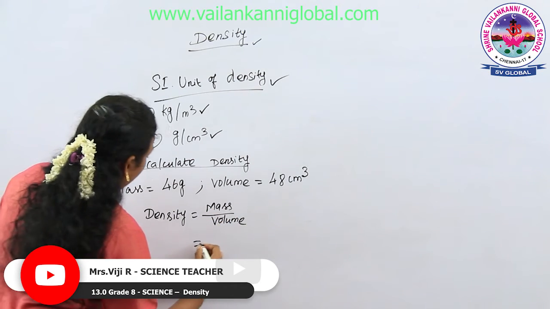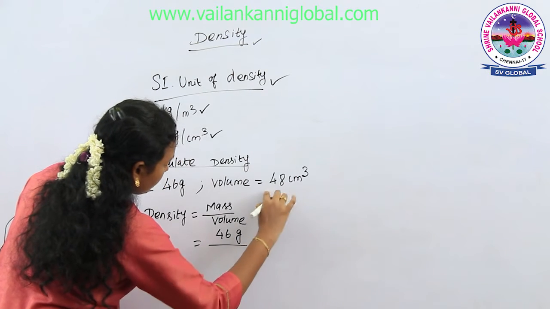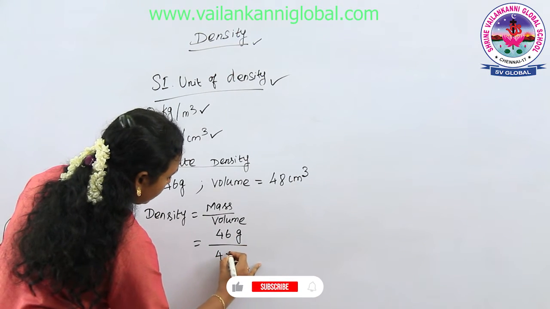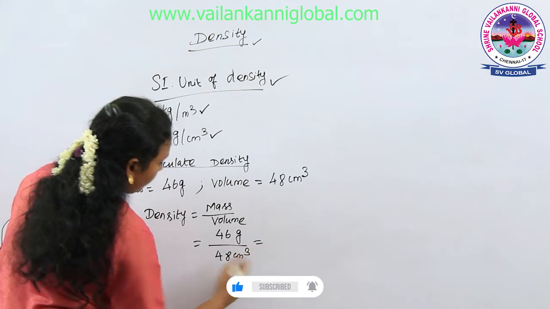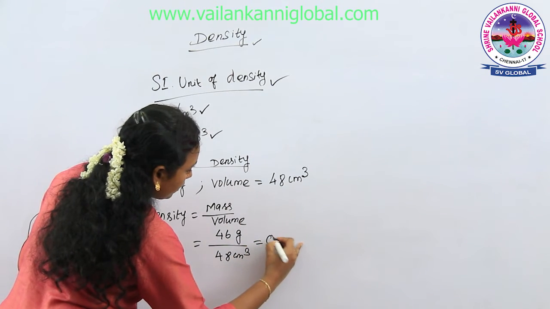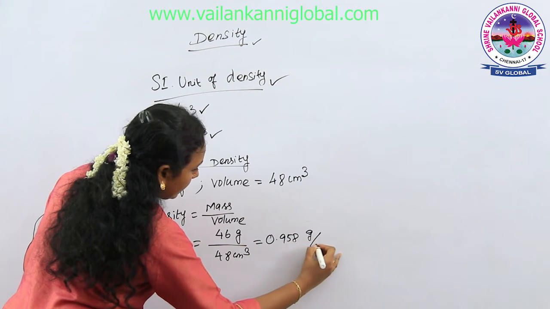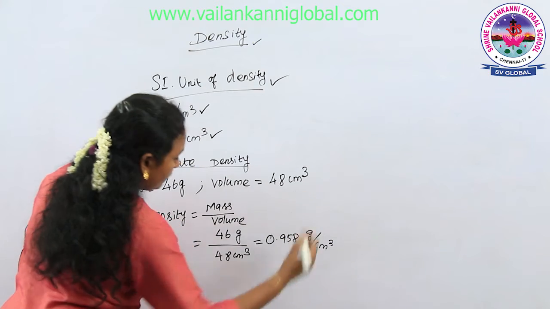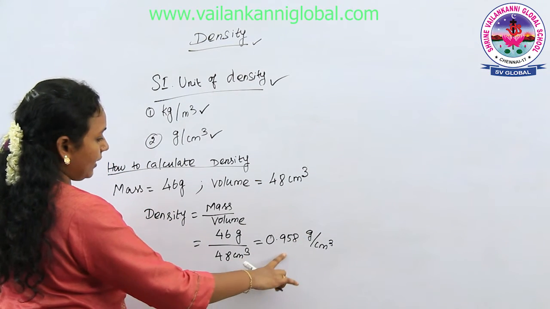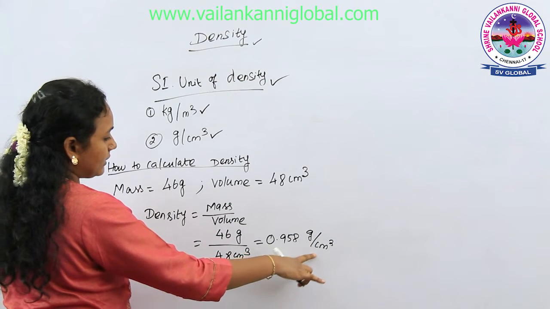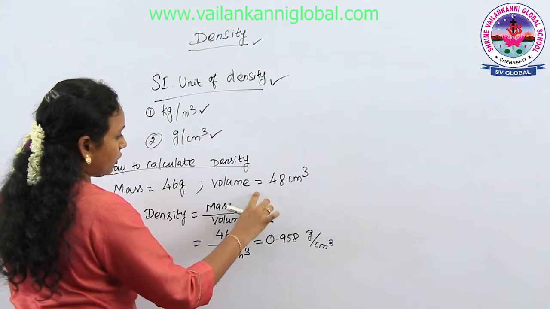Mass is equal to 46 gram, volume is equal to 48 centimeter cube. When we divide these two numbers, we get 0.958 gram by centimeter cube. This is the density value, and this is the SI unit for this particular problem.